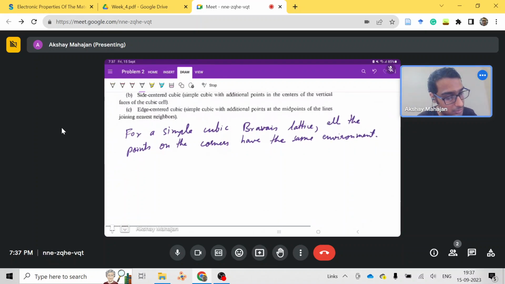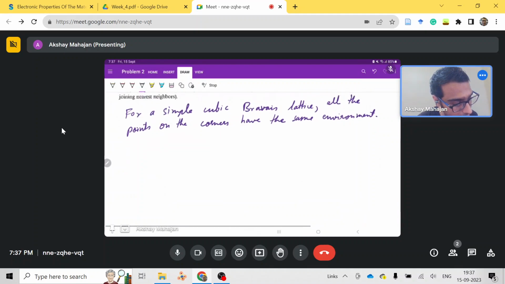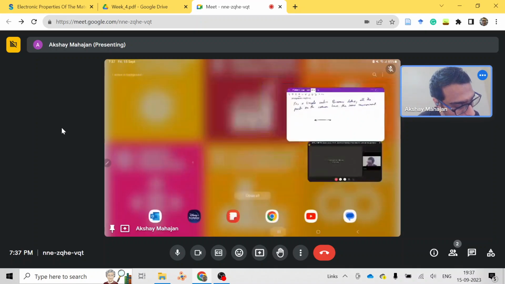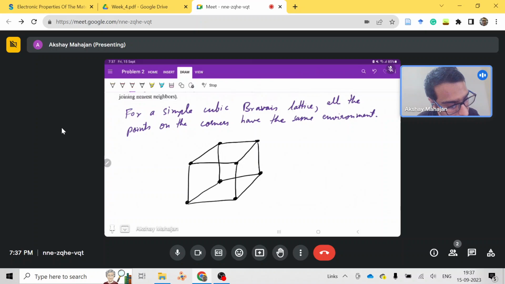Let me just draw it for you. Let's say we have this simple cubic. Let me show these points with a red color.